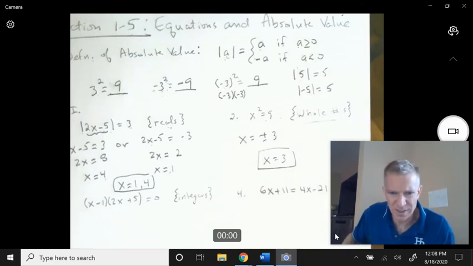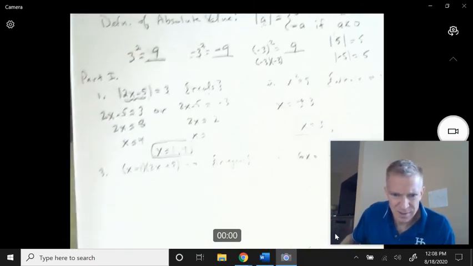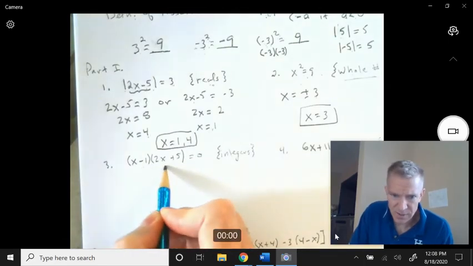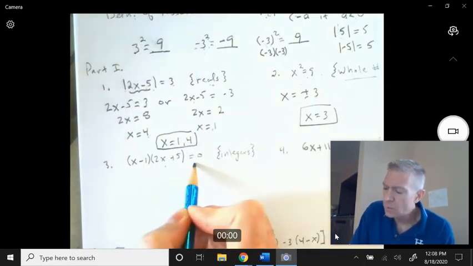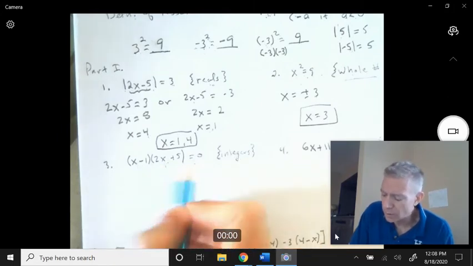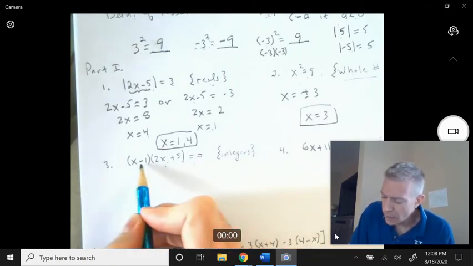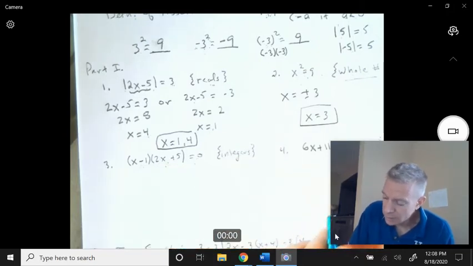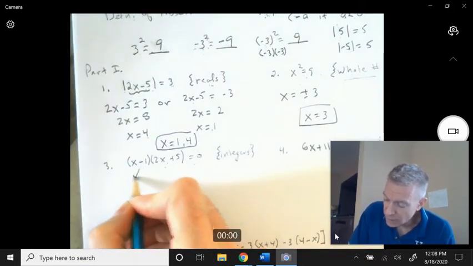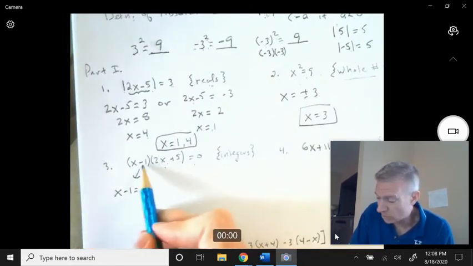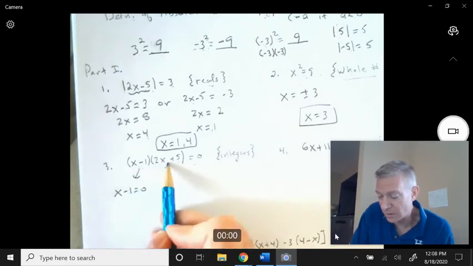Okay, let's go to the next one. We have (x - 1)(2x + 5) = 0. We're solving in the set of integers. Here we have a product equal to 0. Anytime we have a product equal to 0, we can use the zero product property and say this is true if x - 1 is equal to 0. It doesn't matter what the other factor is, 0 times anything is 0.